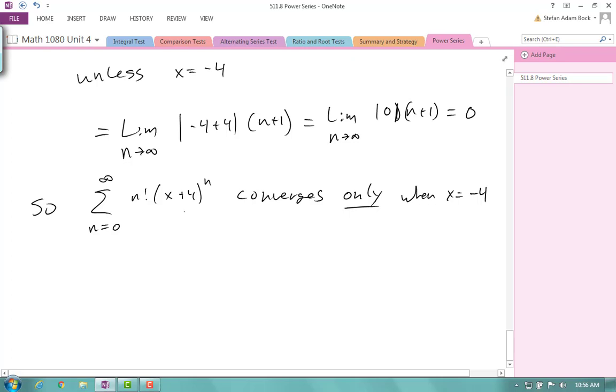A power series will always converge at its center, but what we don't know until we do a test is whether it converges for all real numbers or just some real numbers.